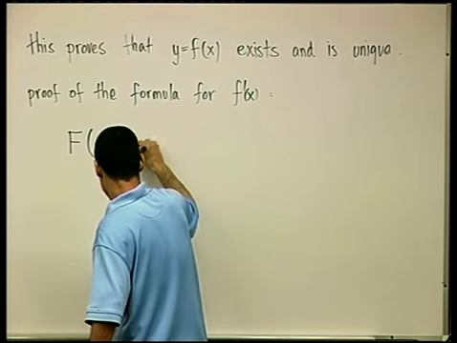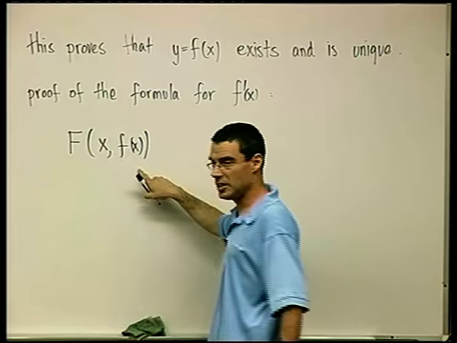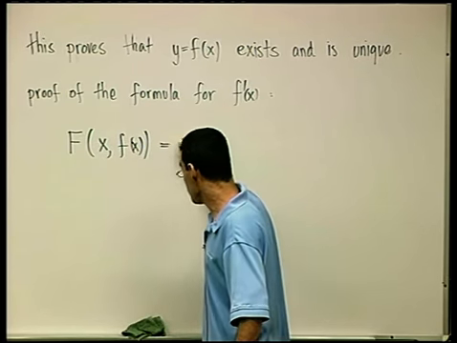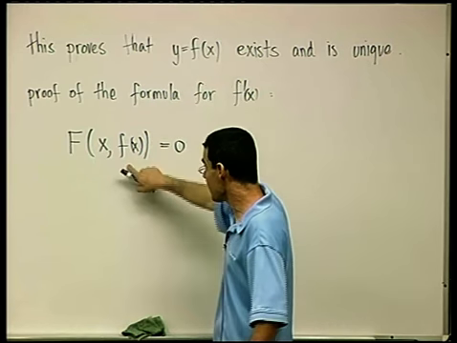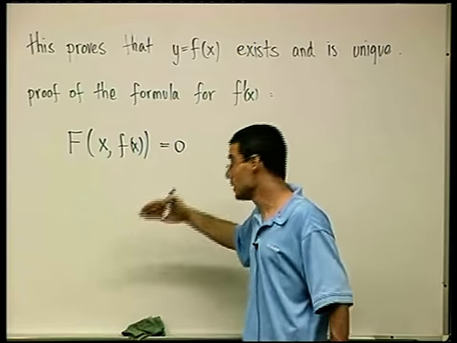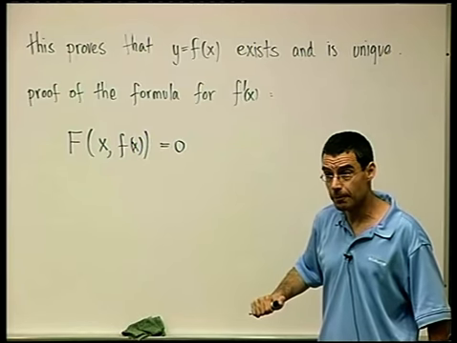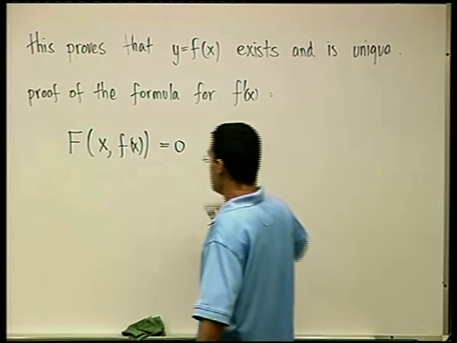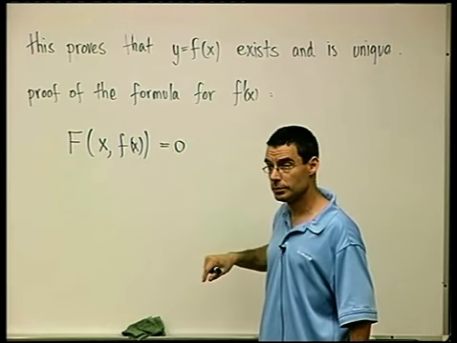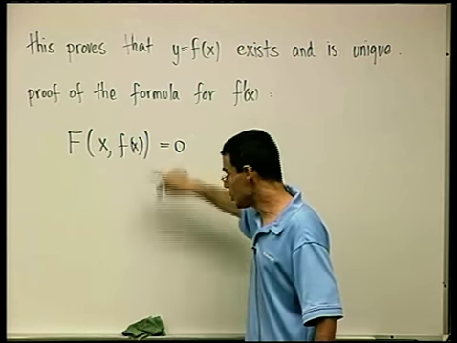When I say this it sounds weird: F of x, comma, little f of x equals 0. When you replace y with f of x, it solves it, right? That's the meaning of being an implicit function of this relation, right? Okay. Let's take this and apply the chain rule. Okay, I'm going to apply the chain rule to this.